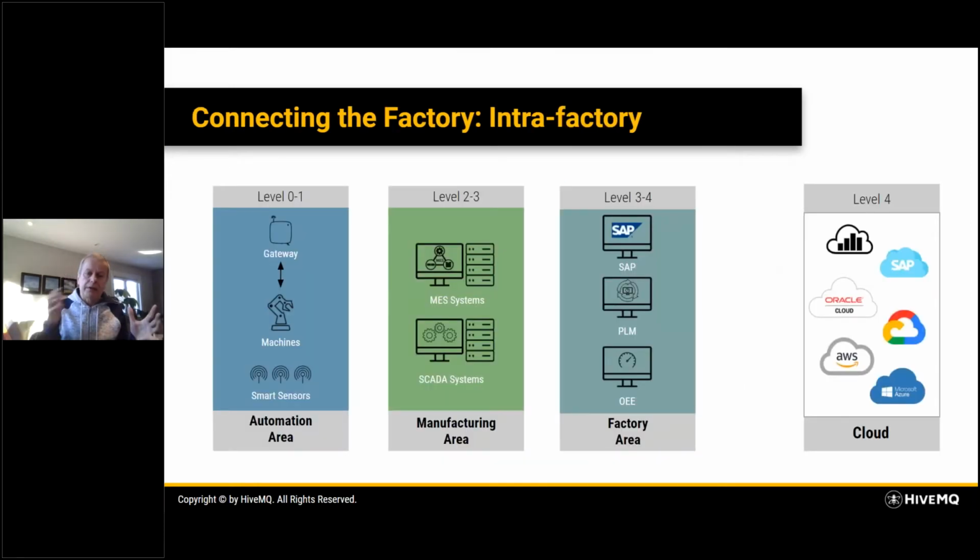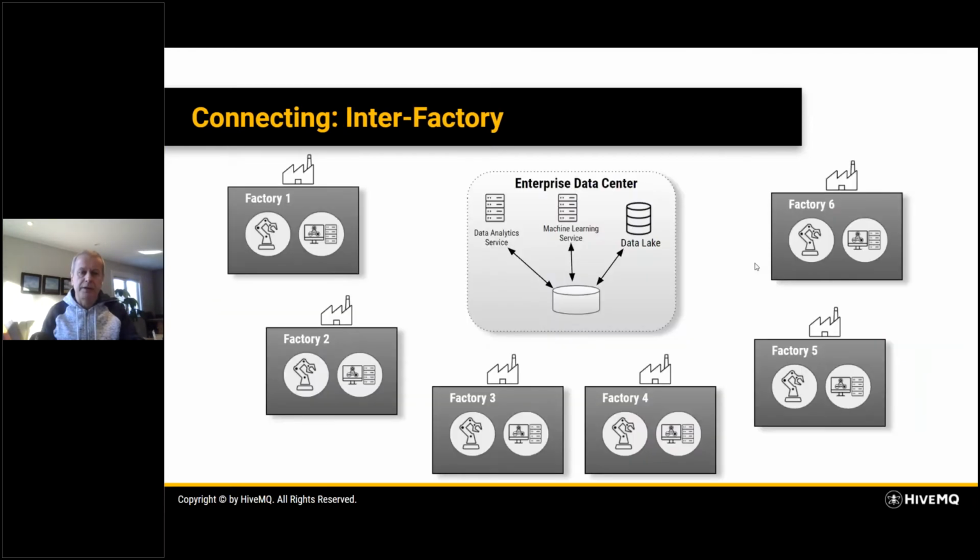There are also common architectural patterns that we see, where within a factory you're connecting the automation manufacturing factory to the cloud, but you're also thinking about how to connect between factories. Many of our customers have factories around the world, and each factory needs to be autonomous, but you also want to share information from each factory with a corporate data center.